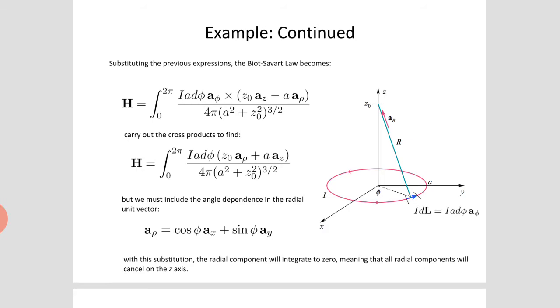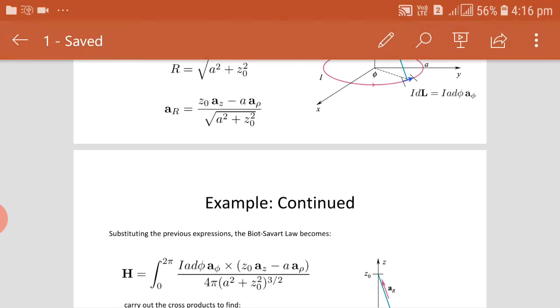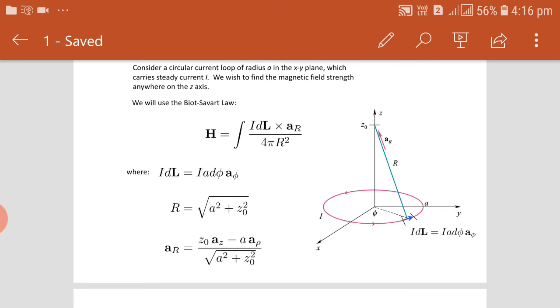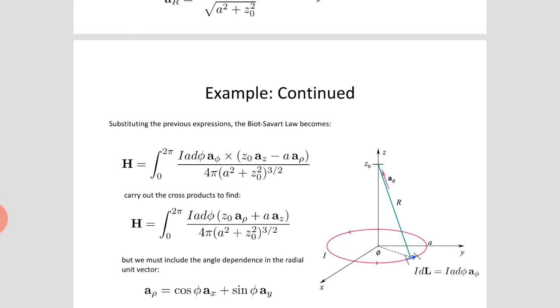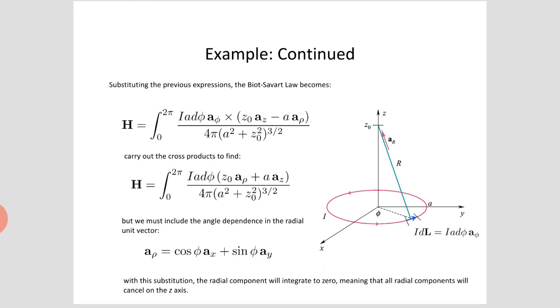Substituting the previous expression, Biot-Savart's law becomes H is equal to integral from 0 to 2 pi, which is the range of that circular loop. Now put the value of I dl, which is I a d phi a phi, cross product with bracket z naught az minus a a rho, divided by 4 pi a square plus z naught square raised to 3 by 2.